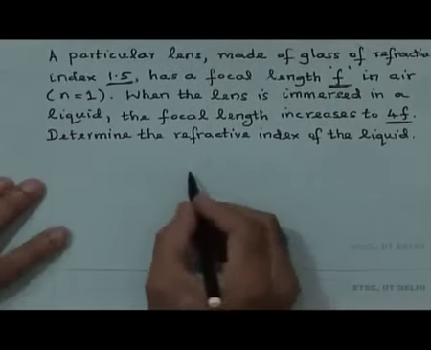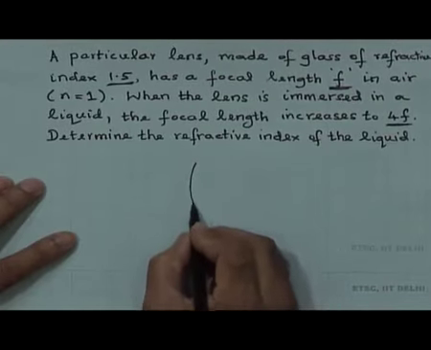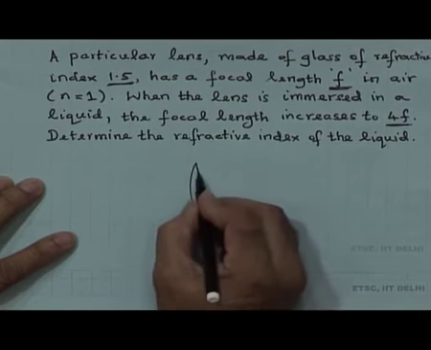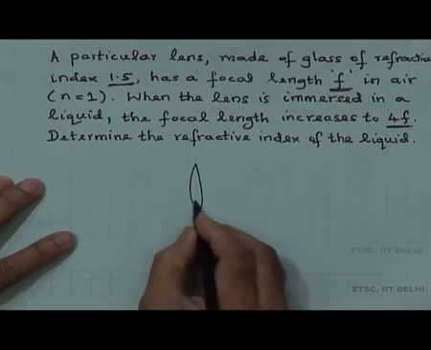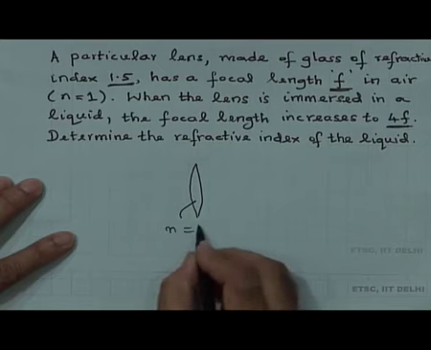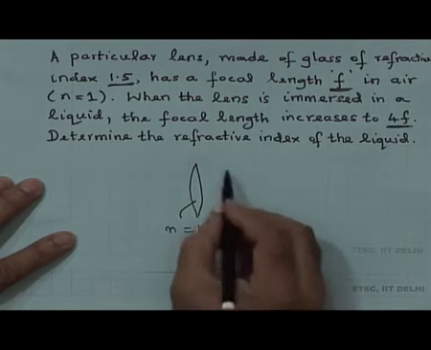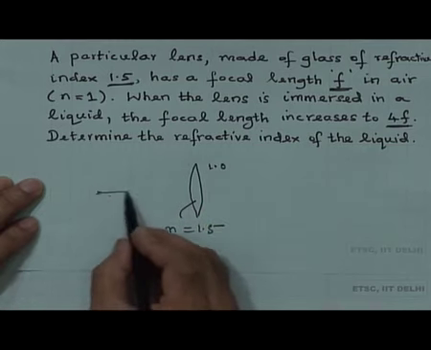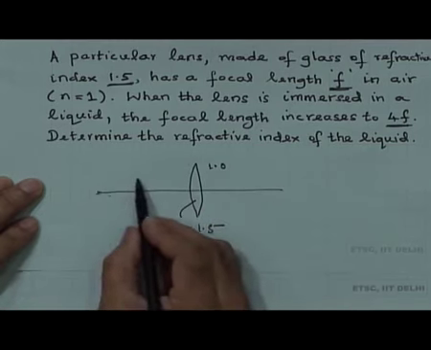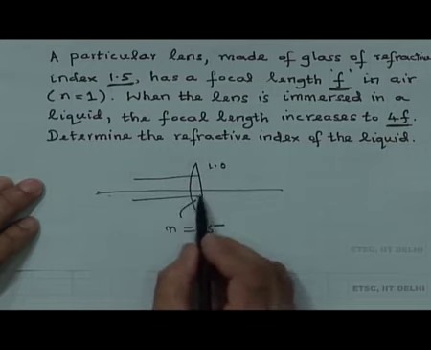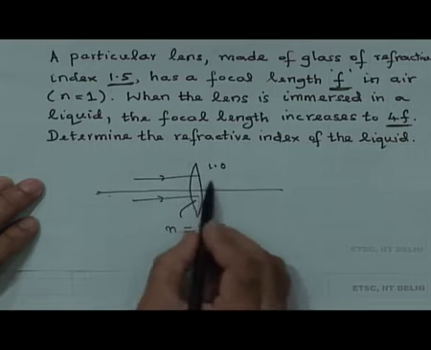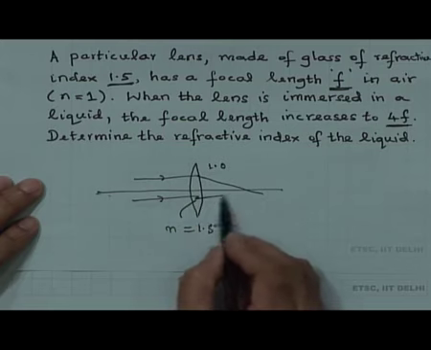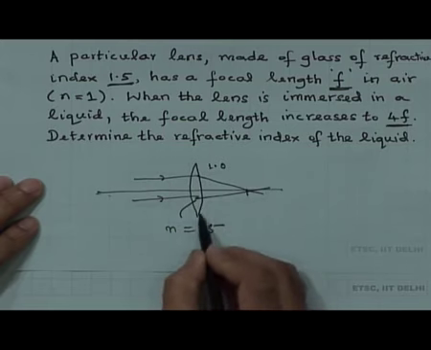So, the given data is, we have a lens of material n equal to 1.5. When the outside medium is air, then we have a certain focal length. So, if I show quickly the focal length like this, this distance is f.